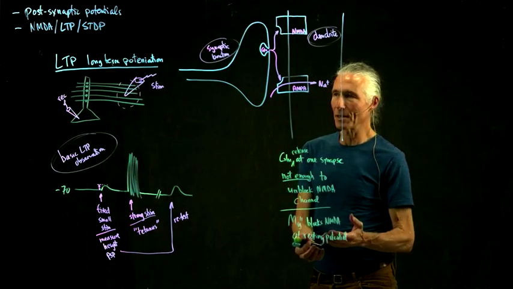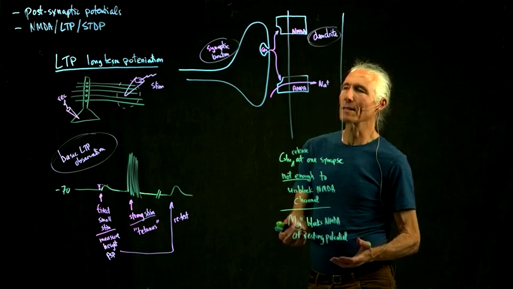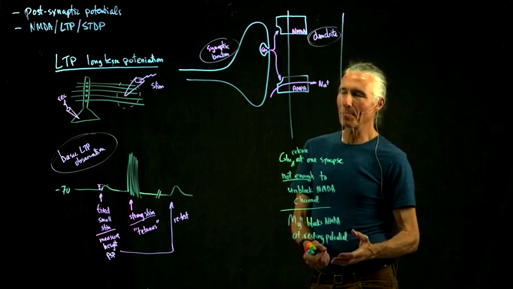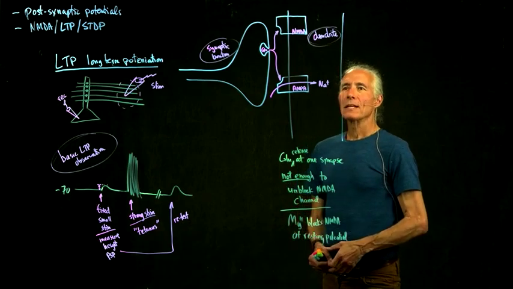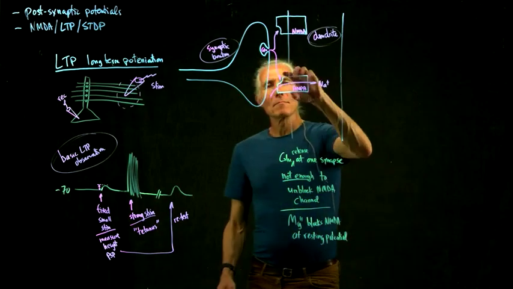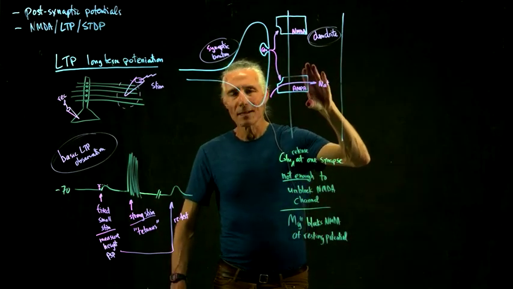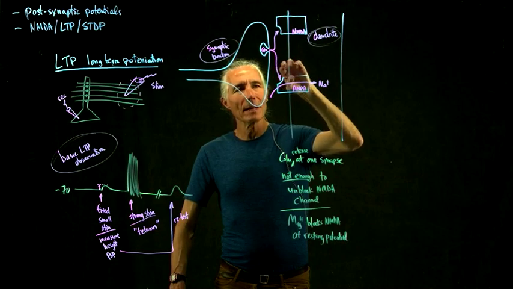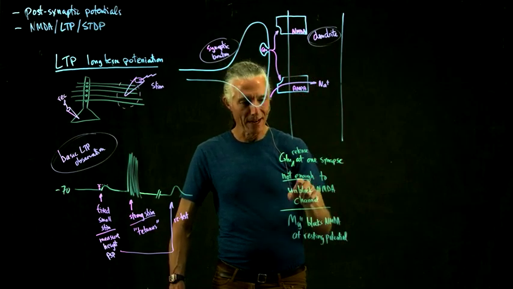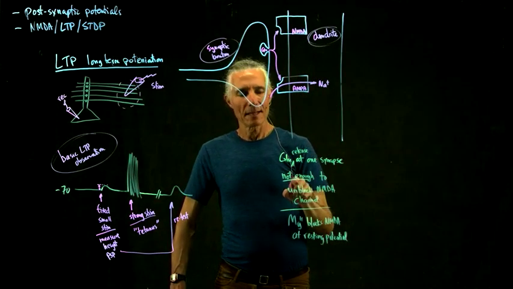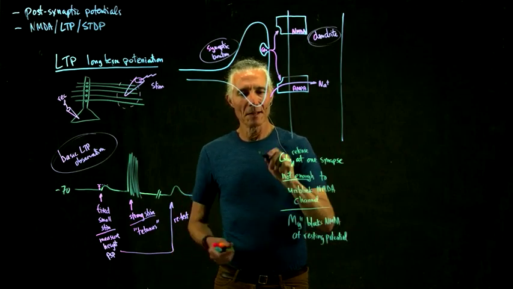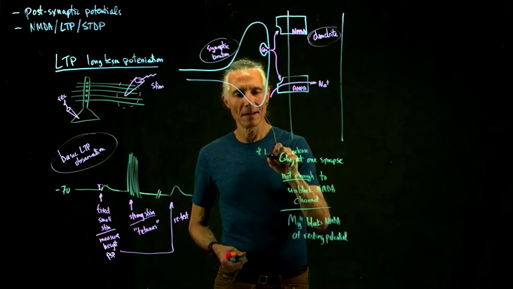This is different. This is just an ion that sticks in the channel at resting potential and blocks it. And so the amount of depolarization caused by the glutamate hitting the AMPA channel here is not enough. That's a critical point.